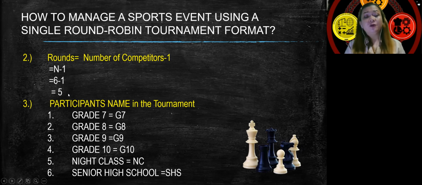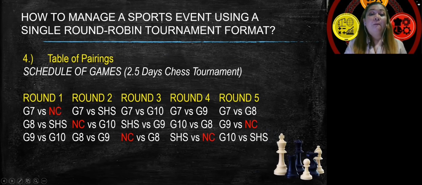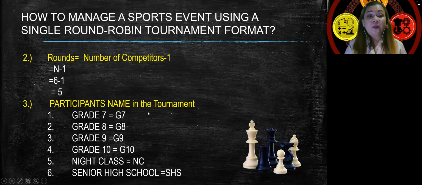The next step that you're going to do is, of course, to name your participants. Let's take an example from the intramurals that we have here in school. Every intramurals, different sub-areas compete against each other.